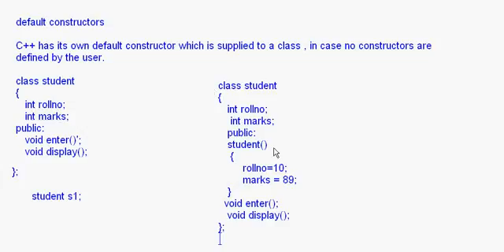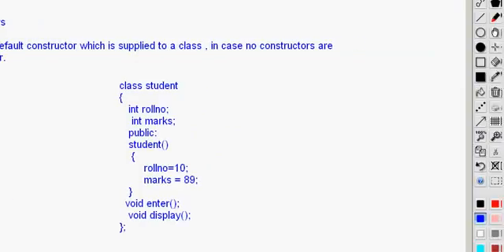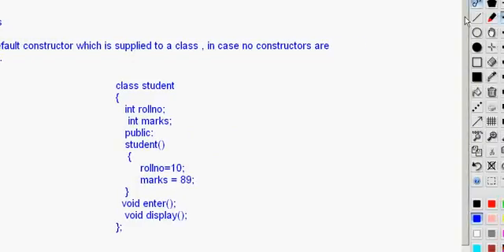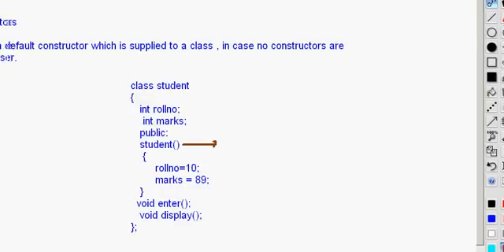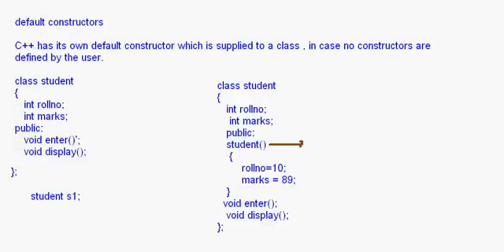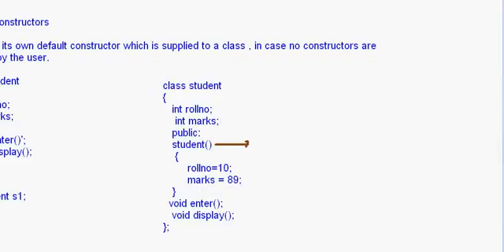Okay, and again this student constructor that you have defined over here, this again is called a default constructor only. A default constructor is one which doesn't have any parameter.